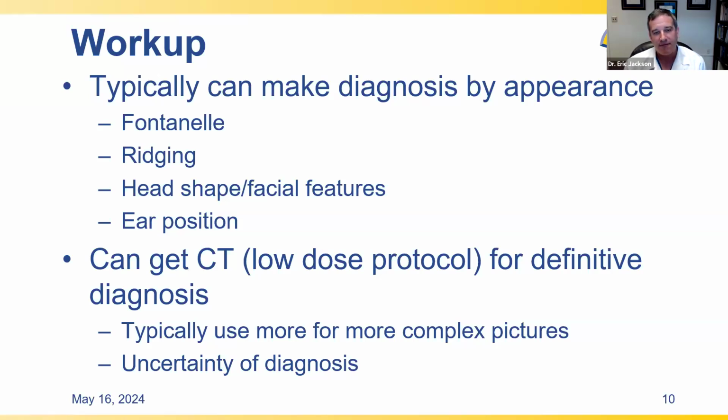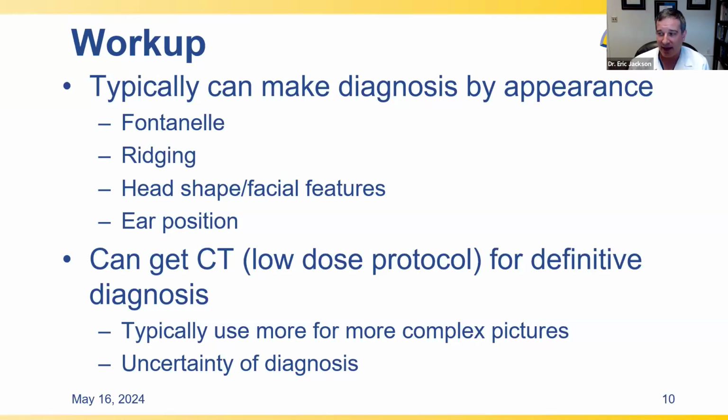For synostosis, the definitive diagnosis can typically be made by a CAT scan. We use a low dose protocol that is good for looking at the skull, but not for looking at the brain. That's because you can lower the radiation dose by focusing on the skull and not focusing on the brain as much.